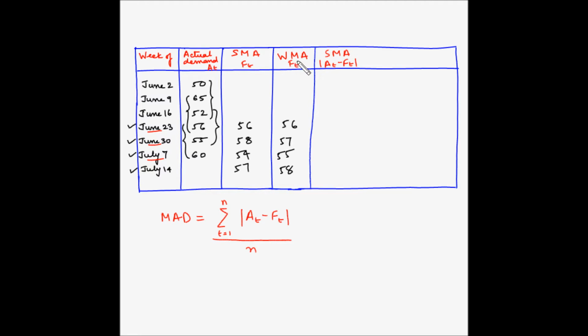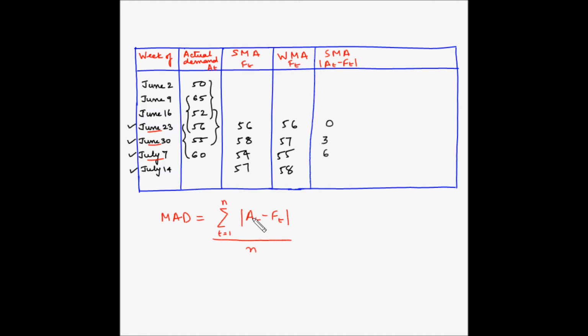This is also FT for weighted moving average. So the actual is 56 and the forecast is 56, so this becomes 0. Here the actual is 55 minus forecast 58, so minus 3, and since we are taking the absolute value, it becomes 3. For July 7th, 60 minus 54, which is 6.